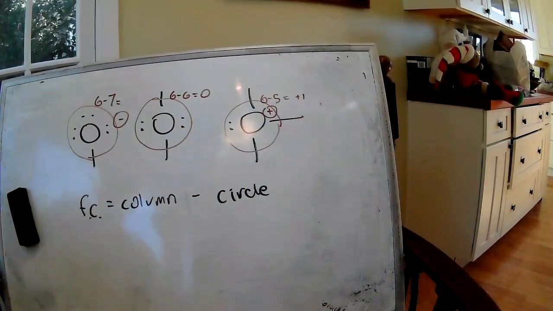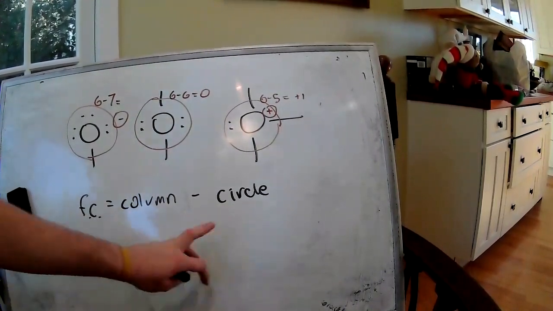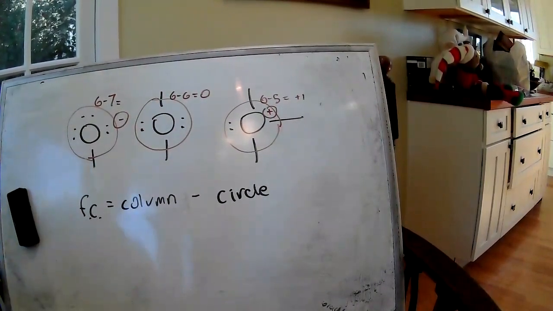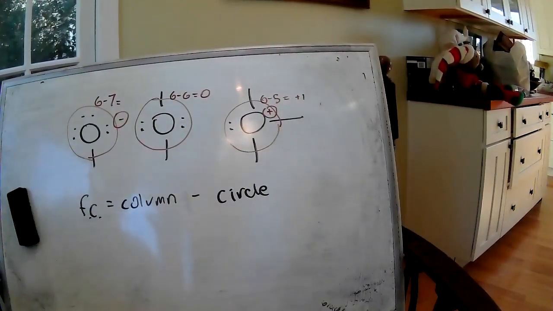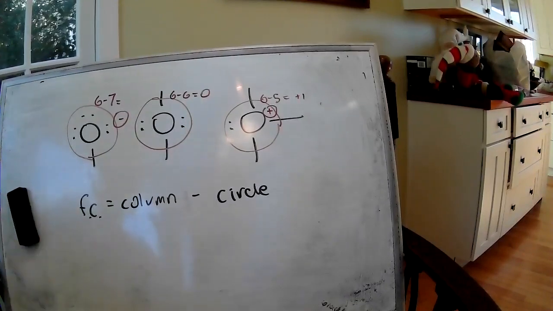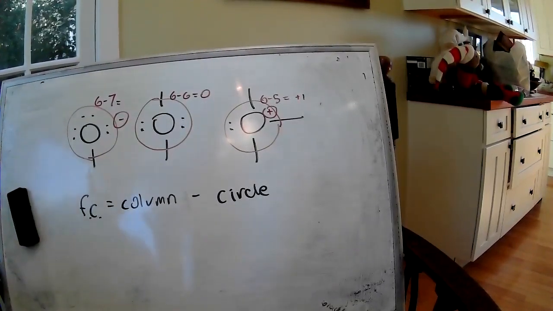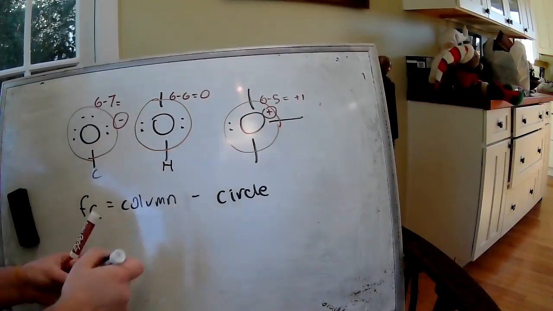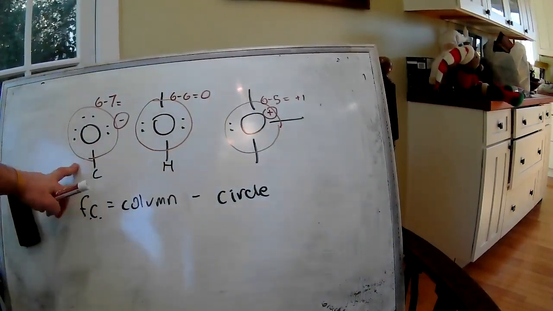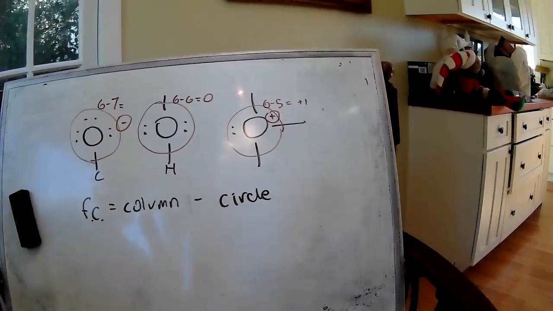The reasoning behind the formula you usually see for formal charge, valence minus 1/2 bonding minus non-bonding electrons, is that formal charge assumes that all bonds are completely non-polar. So if this was a carbon or a hydrogen, we know those are polar bonds because oxygen is more electronegative than both of those.